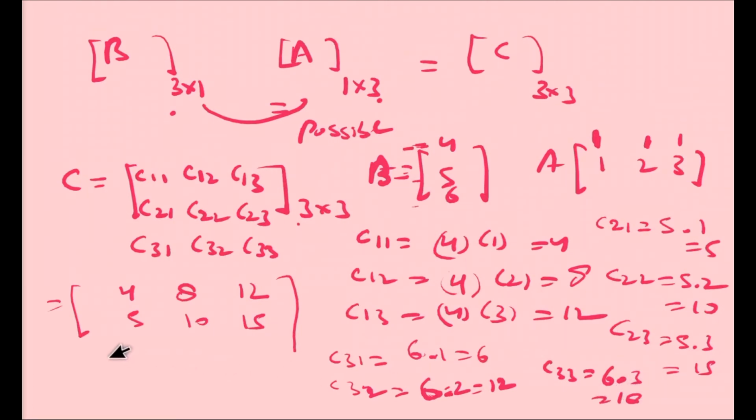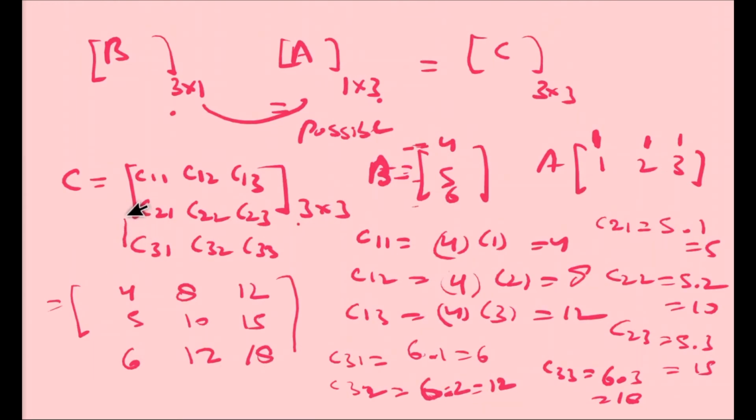So you can put here 6, 12, and this one is 18. This way we are finding the product of order 3 into 3.